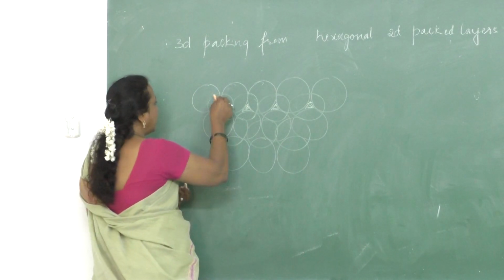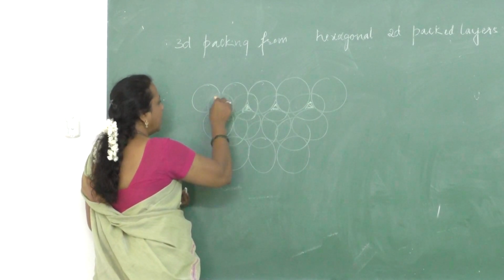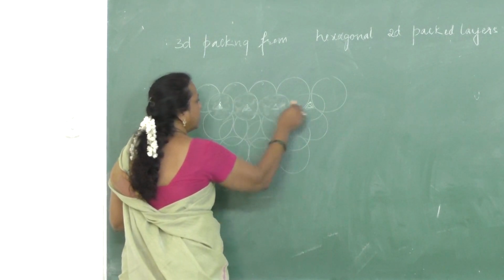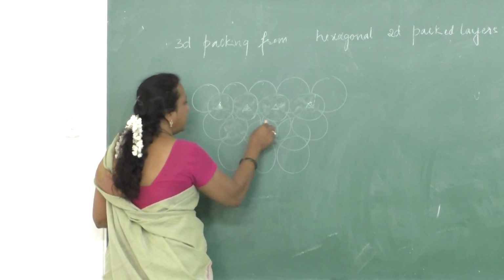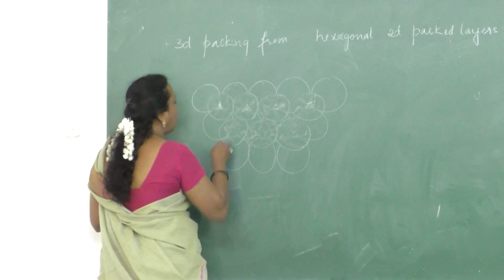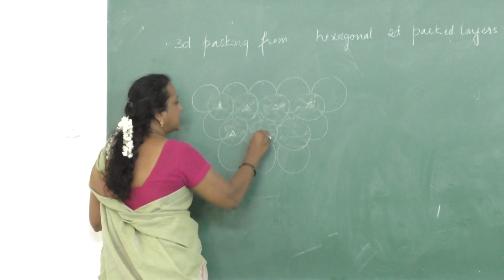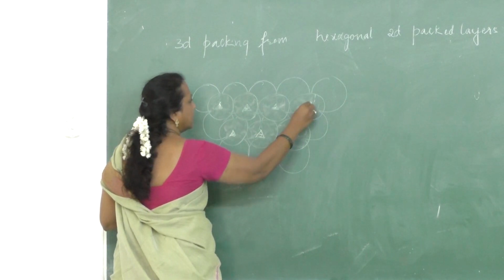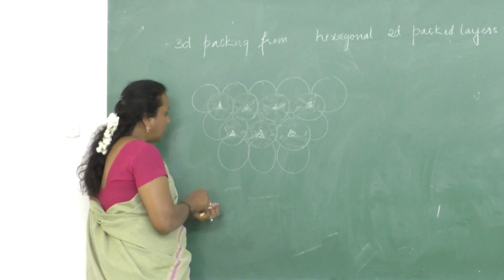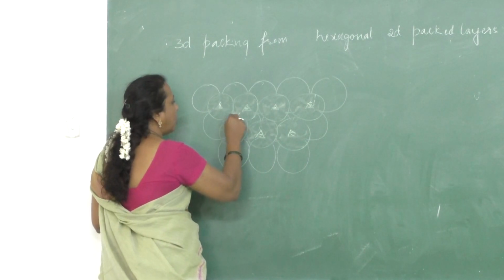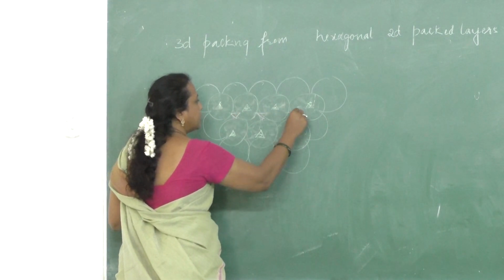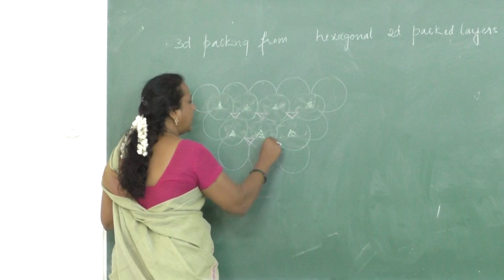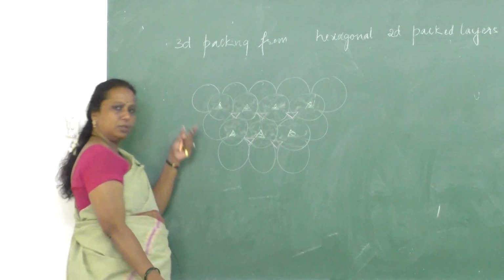I am shading the top layer sphere. The top layer sphere is covering one kind of void. This is the trigonal void which is covered by the top layer spheres. There is one more kind of void which is not occupied by any of the spheres.